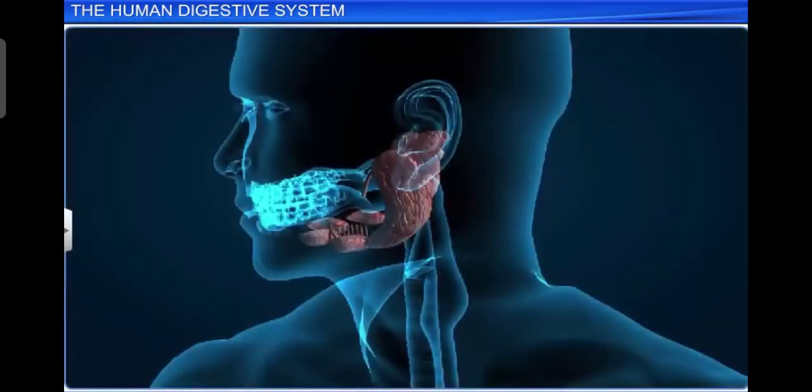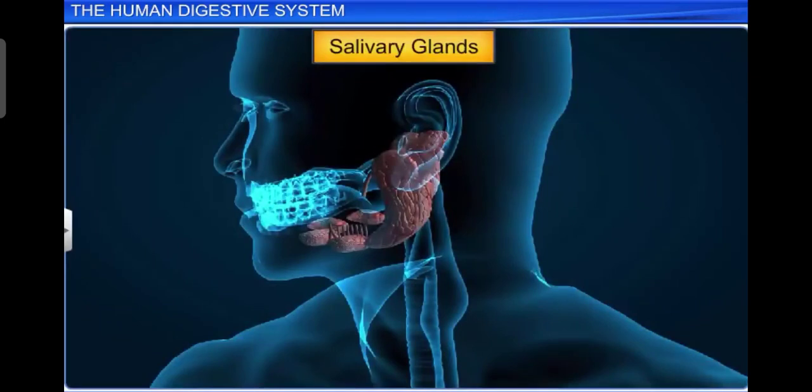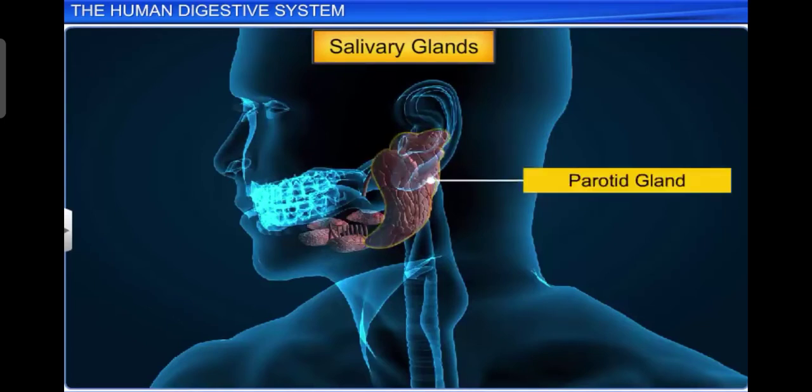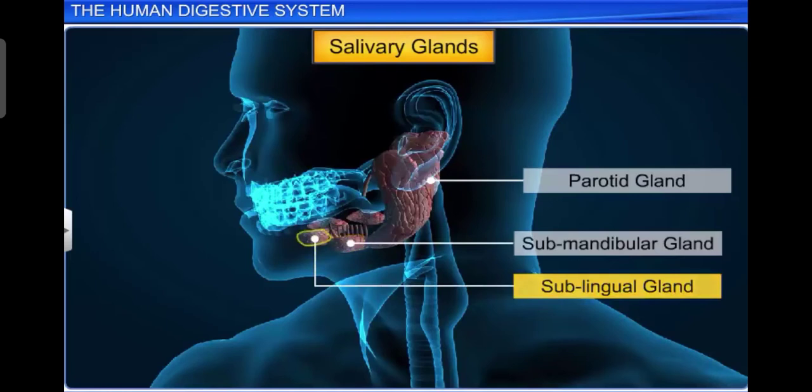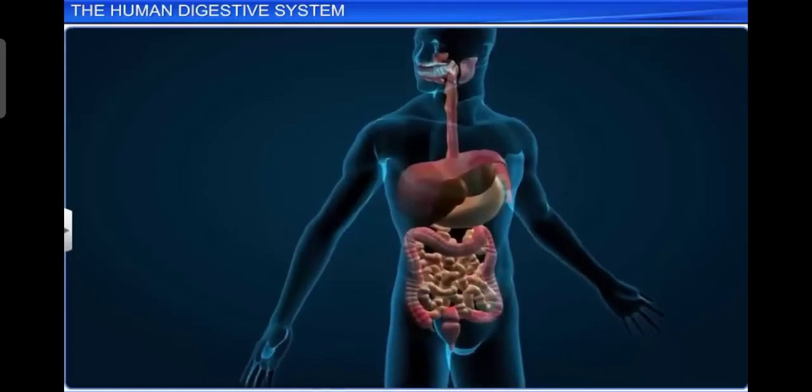Saliva is mainly produced by three pairs of salivary glands: the parotids, present in the cheek; the submaxillary or submandibular glands, present in the lower jaw; and the sublinguals, present below the tongue. These glands, situated just outside the buccal cavity, secrete salivary juices into the buccal cavity.